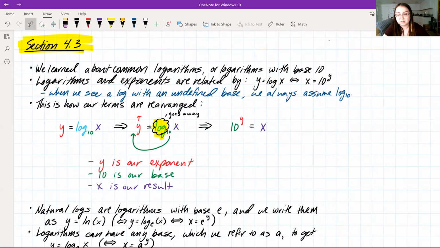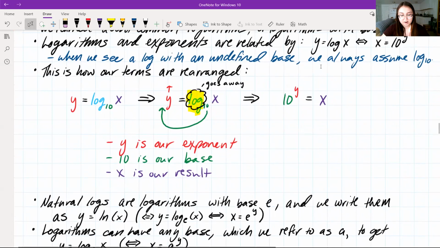Logarithms and exponential functions are very much related in the sense that they're essentially the same thing, they're just written differently. So these are how our terms end up being arranged.